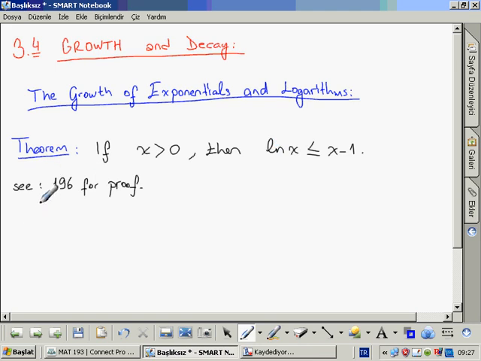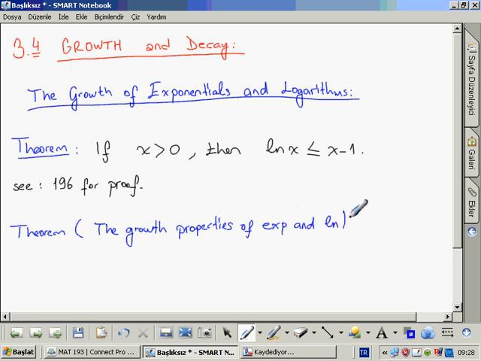And another theorem can be written, the growth properties of exponential and natural logarithm functions.